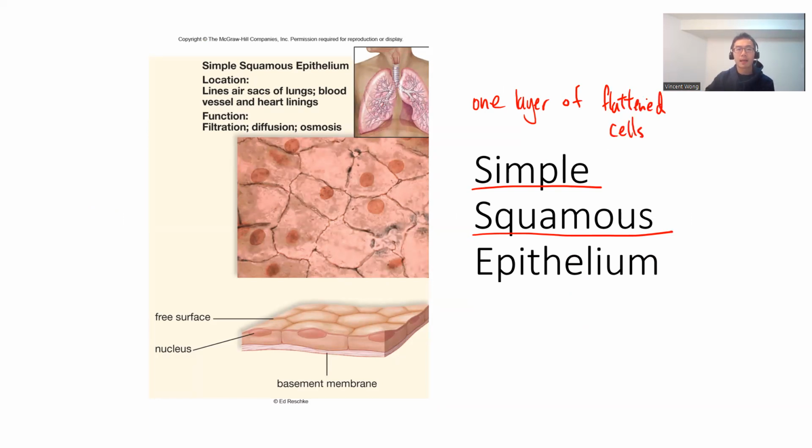And that's what they look like in a real slide. And this is the cartoon drawing down here. So we have the cells here, and the free surface is called the apical side. That's the side that will be facing either the outside of the organ or the inside.